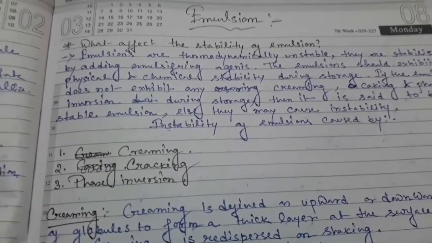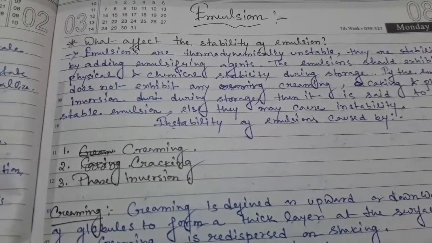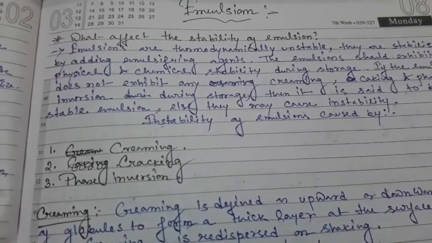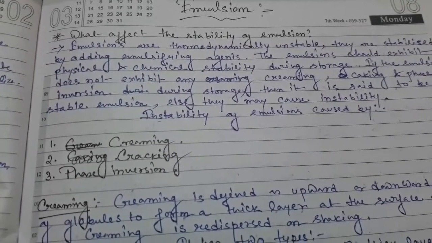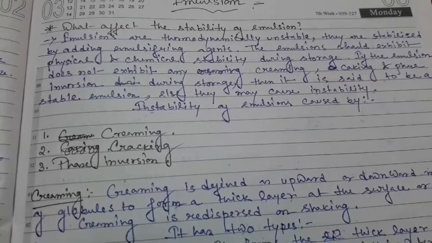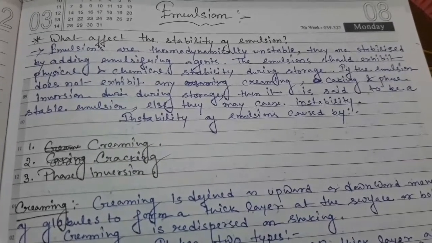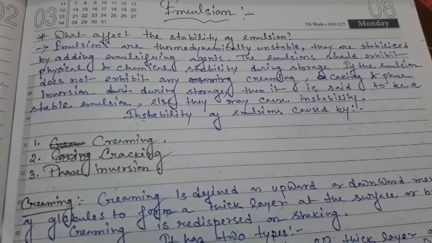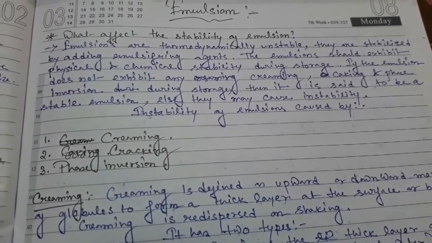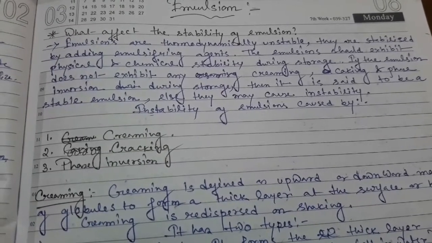First of all, the first question is: what affects the stability of the emulsion? That means which types of effects are very important for the stability of the emulsion. Emulsions are thermodynamically unstable and they are stabilized by adding emulsifying agents, and emulsions should exhibit physical and chemical stability during storage. If the emulsion doesn't exhibit any creaming, cracking and phase inversion during storage, then it is said to be a stable emulsion.